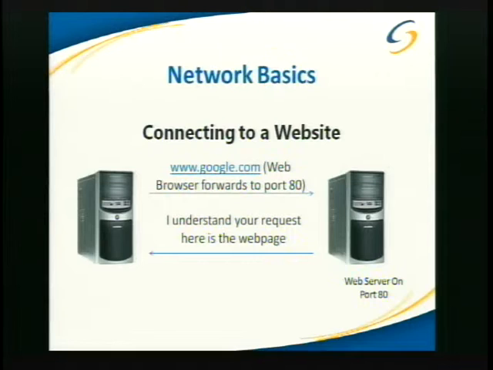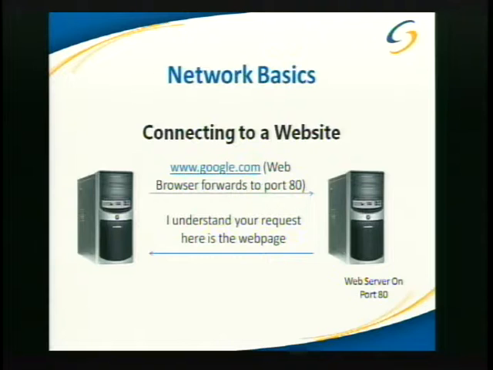So your browser, by default, is going to try to speak with another machine. If you're connecting to Google, it's going to try to speak to the other machine over port 80, which is HTTP. So if you type www.google.com into your web browser, by default, it's going to try to connect to the second machine using port 80, because that is where a web server generally is going to listen in.